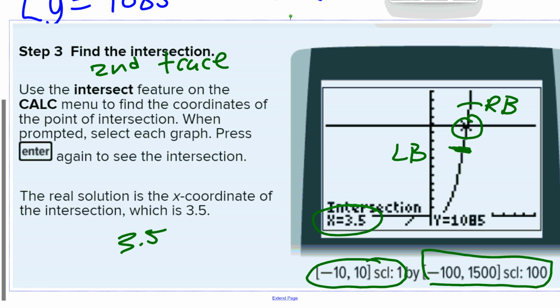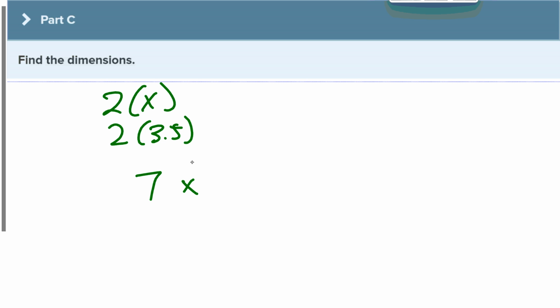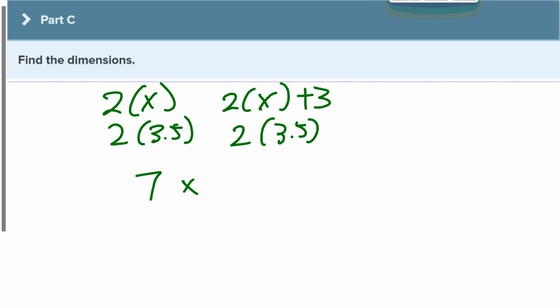So now the next step is to take that 3.5 and plug it into our expressions. The height is 2x, so 2 times 3.5 is 7 for our height. Then we plug in our other ones: 2x plus 3, so 2 times 3.5 plus 3, which is 10.